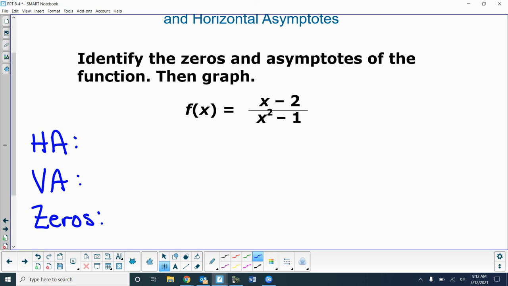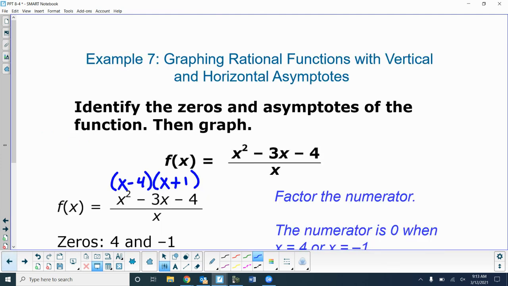When the bottom one is bigger degree-wise than the top one, what's the rule? 0.